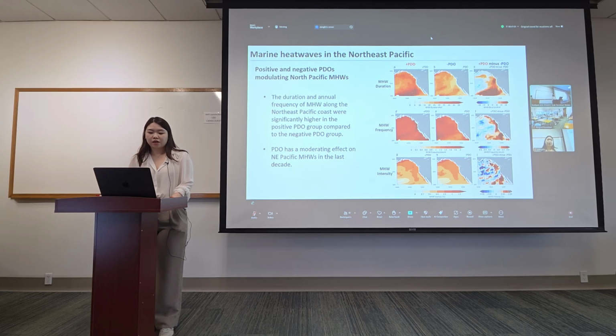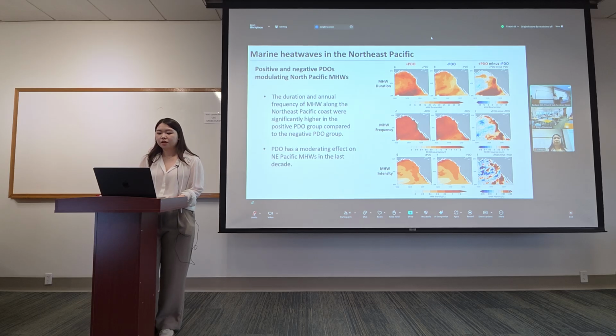Okay, here are our large ensemble results. Compared to the negative PDO phase, we can see that along the Northeast Pacific coast, marine heat waves are significantly longer in duration, higher in frequency, and stronger in intensity during the positive PDO years. These results are consistent with what we just demonstrated with the observations.